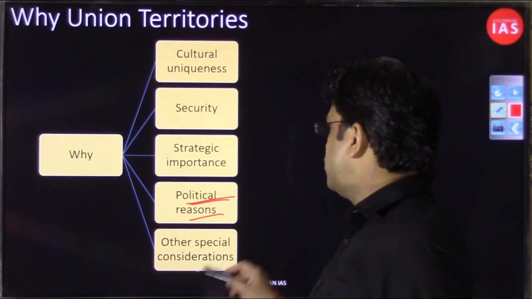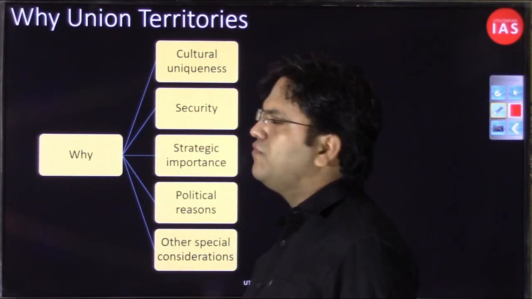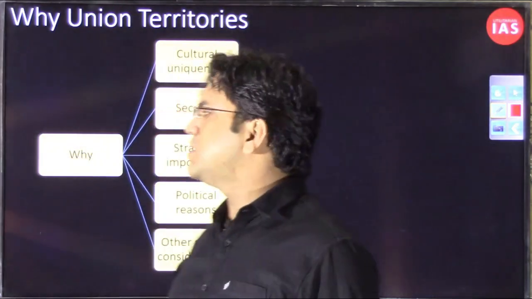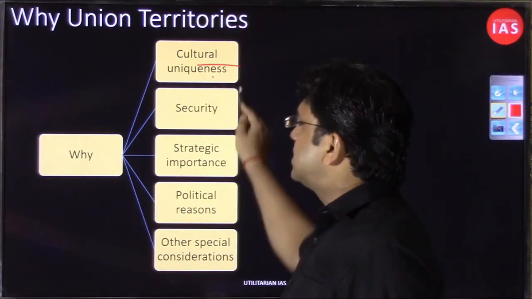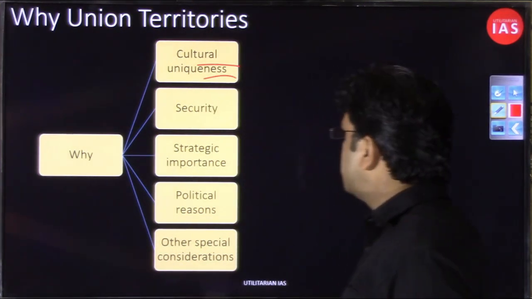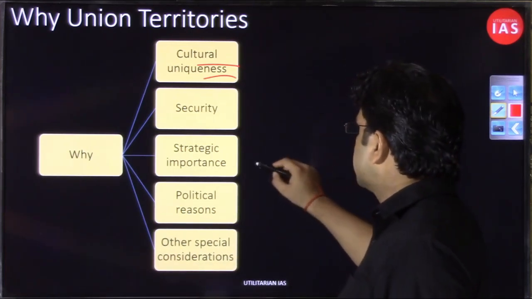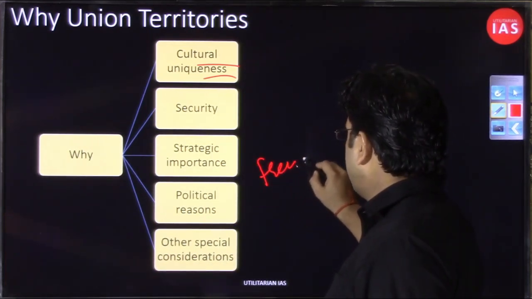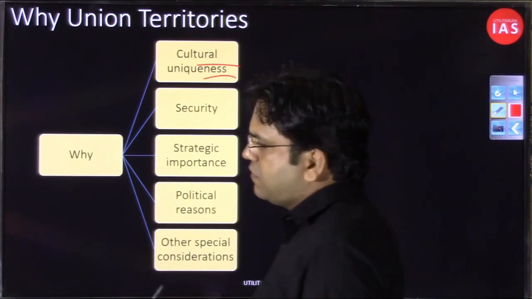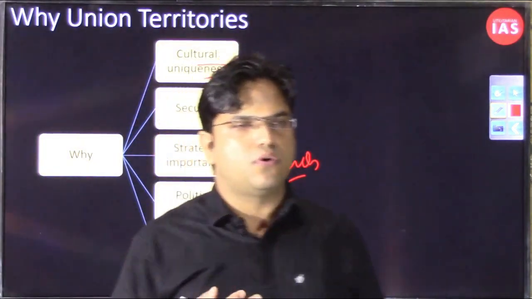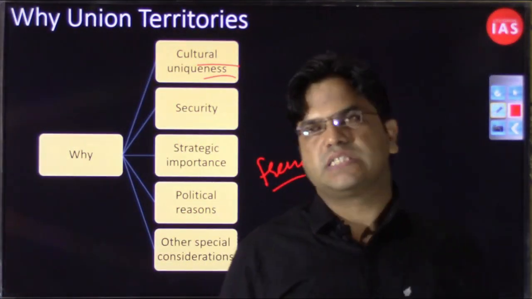As far as Puducherry is concerned, its continuance as a union territory can be justified for the cultural uniqueness that it has. If you know the population composition, Puducherry still has traces of the French. Puducherry was not part of India until 1954, although we got independence in 1947.